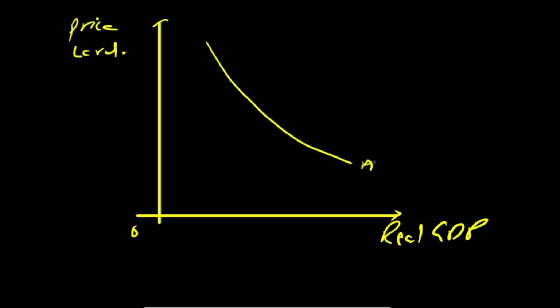Now whenever there is a rise in aggregate expenditure, then we know that aggregate demand also increases, because investment is also part of the aggregate demand curve. So we have to make another diagram where we plot real GDP on X and price level on the Y-axis. This is the aggregate demand curve, which is negatively sloped, and this is the aggregate supply curve, which is positively sloped.